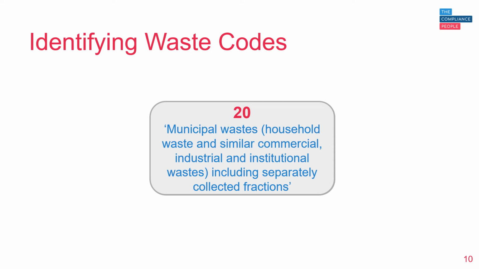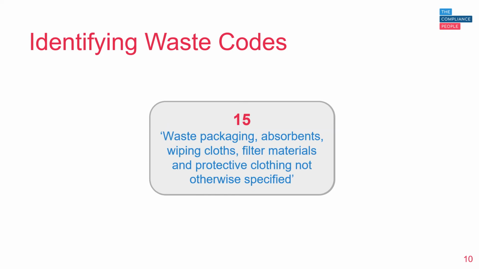So this is one of the more common chapters that's used because it's for household waste and similar commercial, industrial and institutional wastes, including separately collected fractions. So this will be relevant for business. Also chapter 15, which is relevant as this is waste packaging, absorbents, wiping cloths, filter materials and protective clothing not otherwise specified. So most of your packaging waste will be coded using chapter 15.